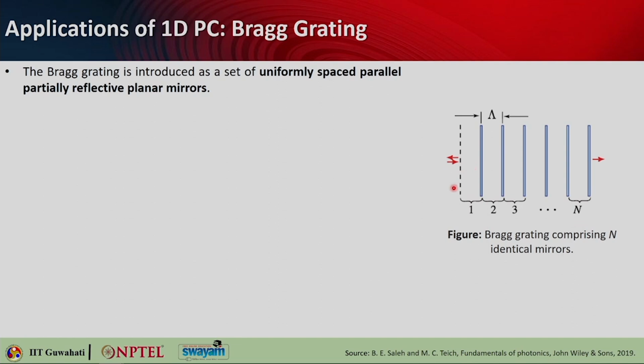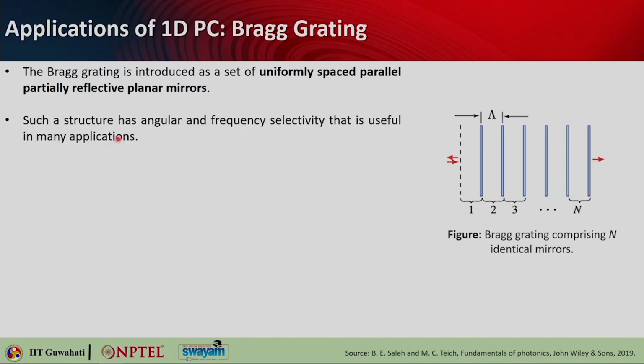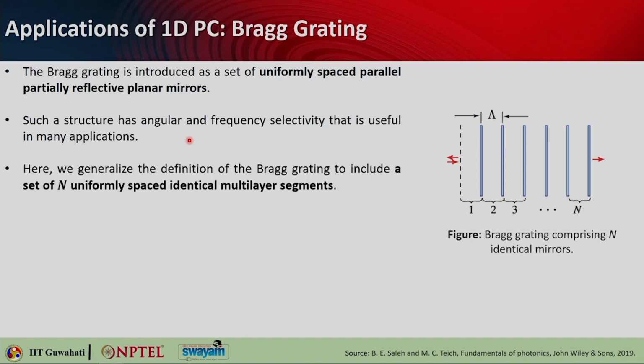So, what happens in this grating when some incident light falls, some particular wavelength or frequency gets reflected, remaining gets transmitted. Now, such a structure has angular and frequency selectivity, and that is useful for many applications such as filters and pulse compensation in optical fiber communication and so on.